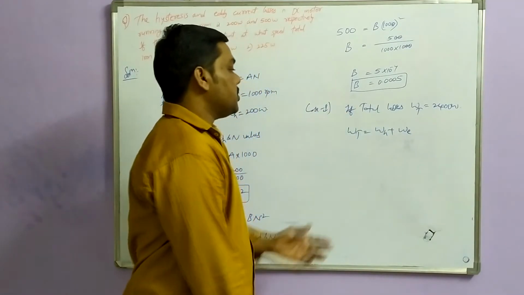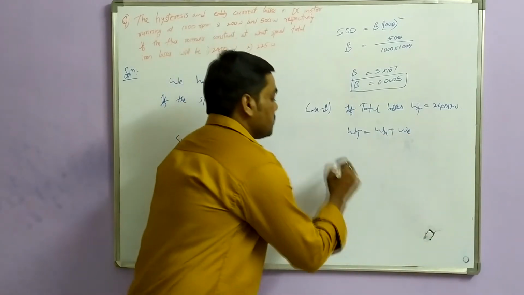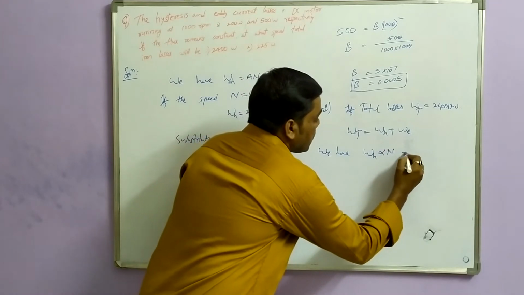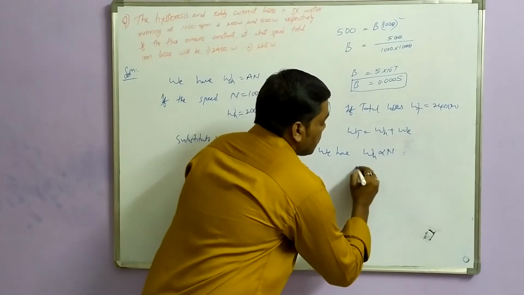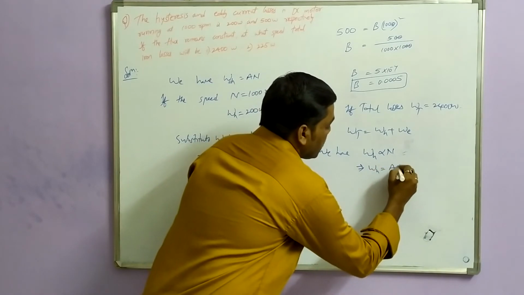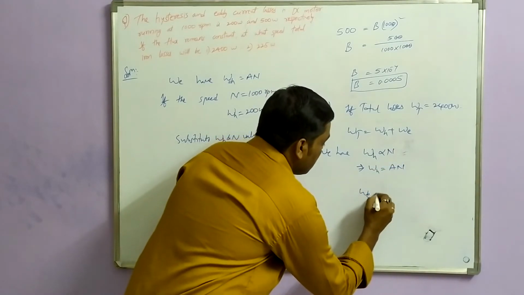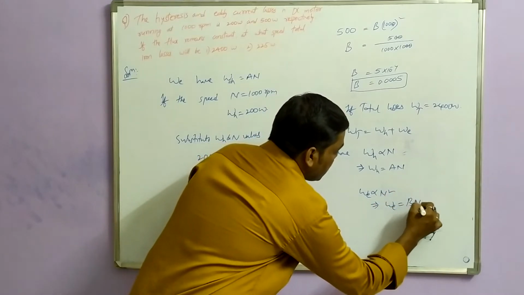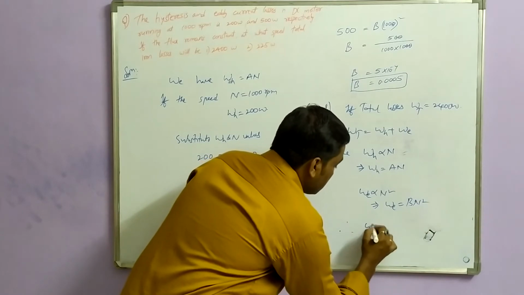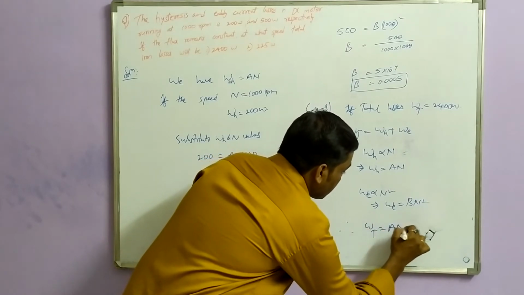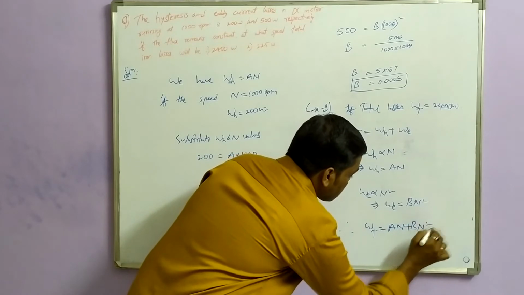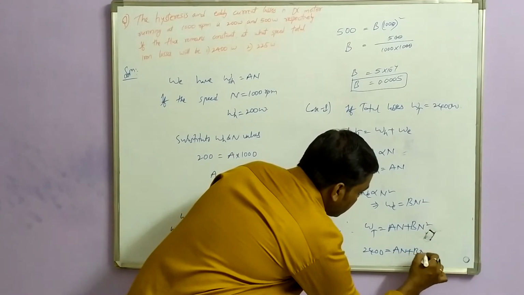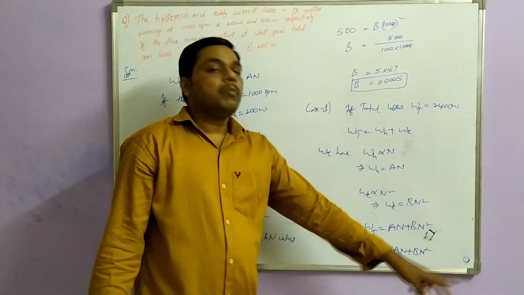We know the relation between these losses and speed. WH is proportional to N, so WH is equal to A into N, and WE is proportional to N square, so WE is equal to B into N square. So WT is equal to AN plus BN square, nothing but 2400 watts equal to AN plus BN square.